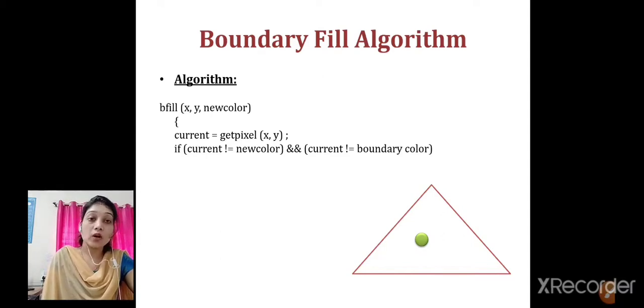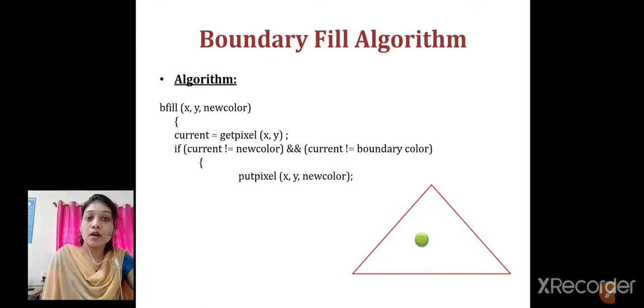And if that current pixel does not have the boundary color either. The name boundary fill algorithm indicates that we have to fill that polygon with the color of the boundary, right? So I will check whether my current pixel does not have the boundary color and does not have the new color. Then and only then we have to change the color of the pixel.